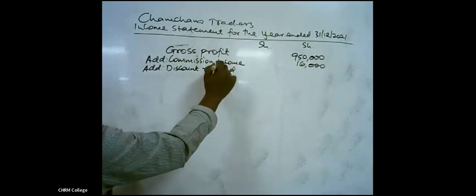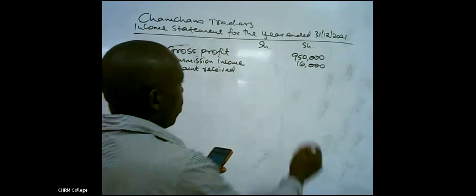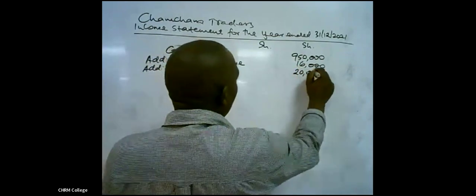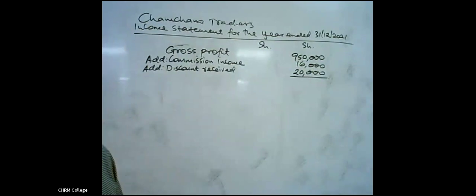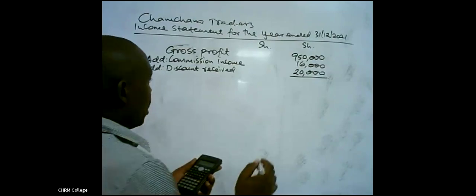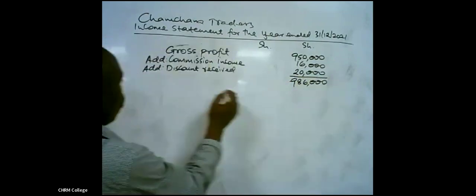They are added to the gross profit, 20,000. So if you add the gross profit plus other incomes, you now get the total income. I'm getting 96,000. This is my total income.